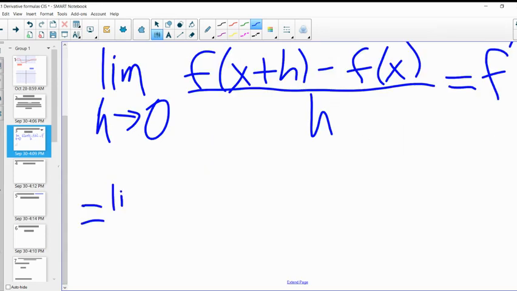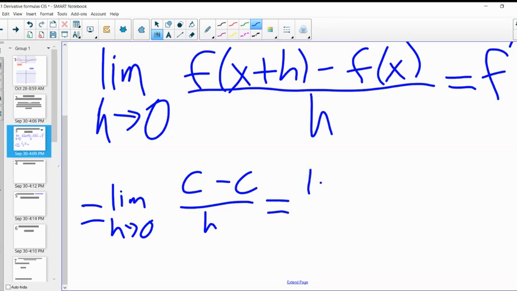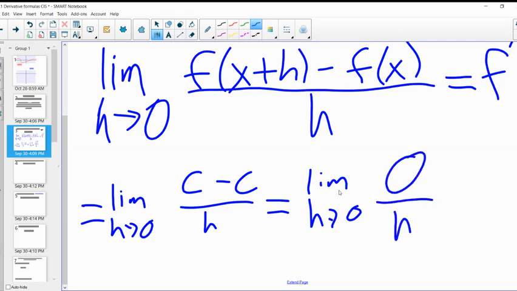So this is really equal to the limit as h goes to 0 of c minus c over h, which is the limit as h goes to 0 of 0 over h. Now, as h goes to 0, of course, the denominator is going to 0. At 0, it doesn't exist.